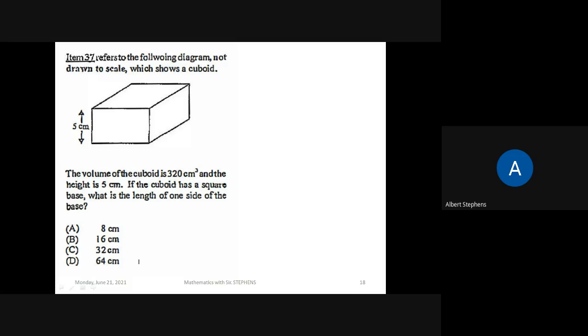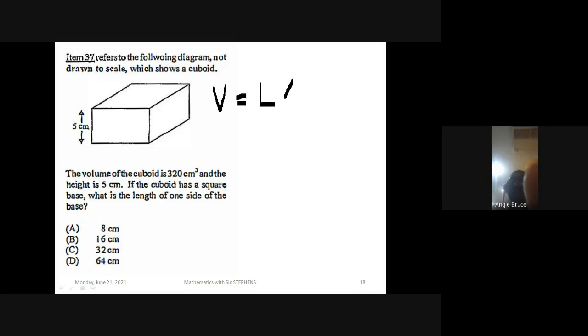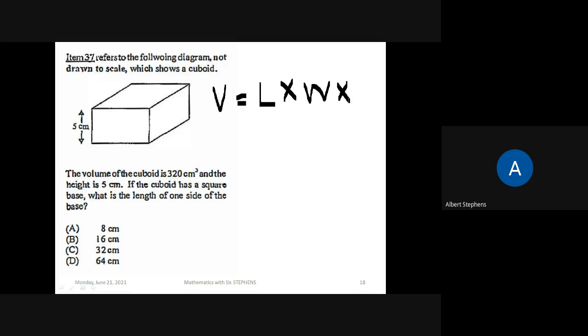The volume of a cuboid. All right, so they give you a cuboid, right? By the way, how do you find the volume of a cuboid? Volume is length times base times height. Oh no, you don't use base. It's just length times width times height.